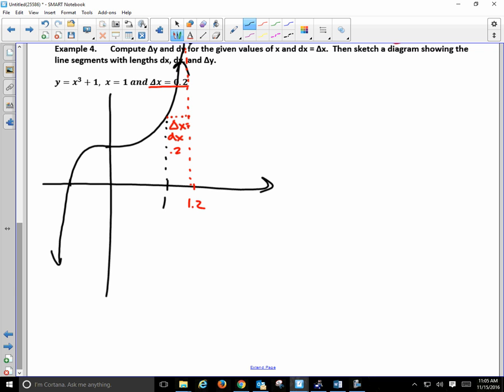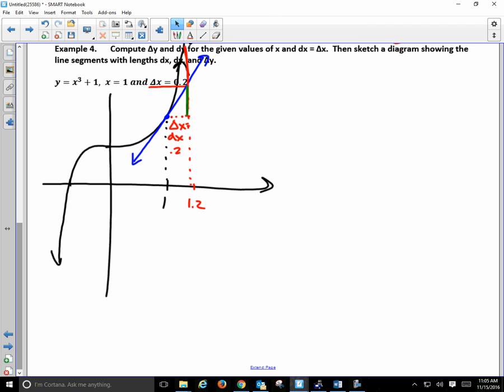So this is delta x, which is the same as dx, which is 0.2. Now I'm going to draw a tangent line at that point, 1. And I come up with 2 segments. I come up with one segment that goes to my function, and I have another segment that goes to the tangent line. Do you remember which one is delta y? Is it the one that goes to the function or the one that goes to the derivative?